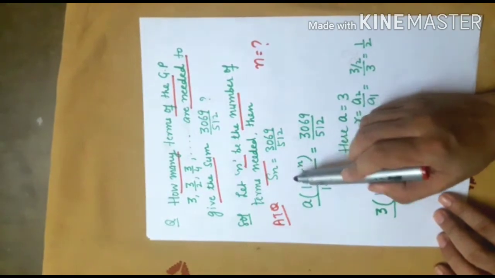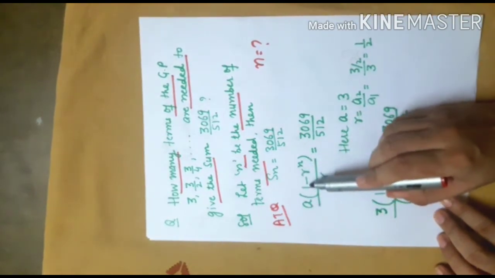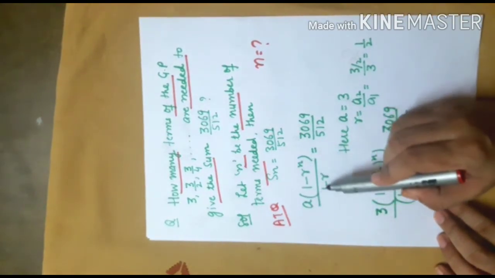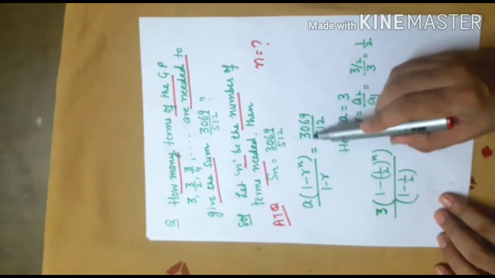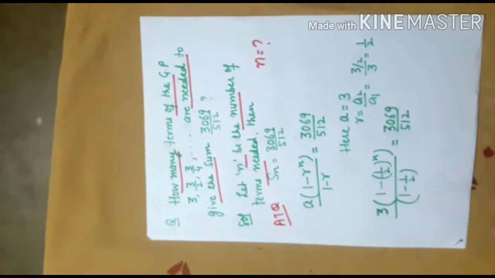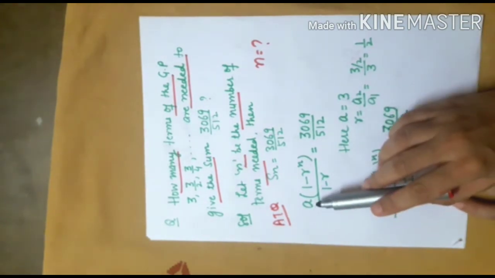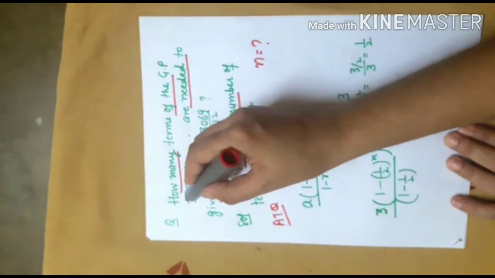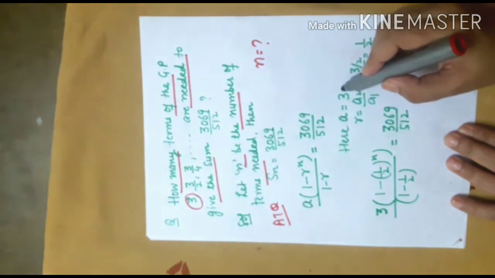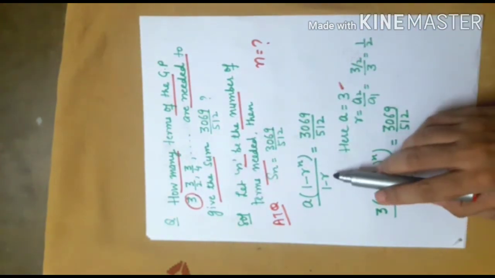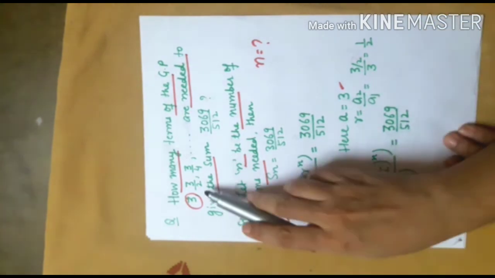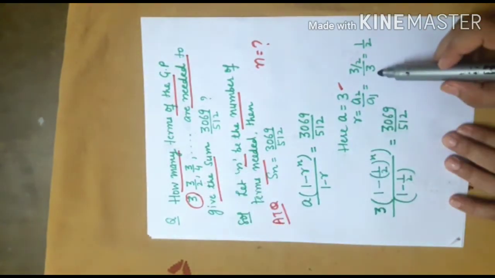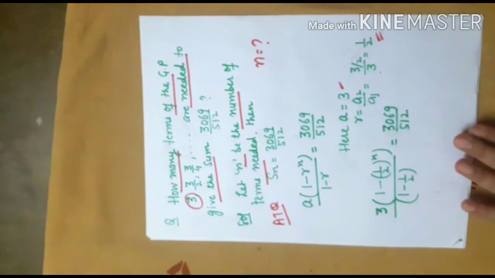Sn is equal to a into 1 minus r raised to the power n over 1 minus r equals 3069 over 512. Now here a is the first term of the GP. The first term of the GP is 3. So a is 3. r is the common ratio, which is a2 over a1, that is 3 by 2 over 3. So that will give you 1 by 2.